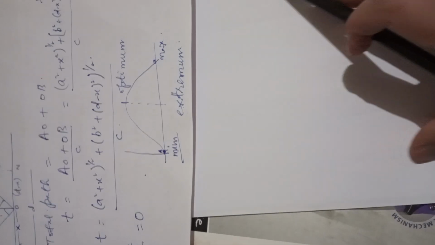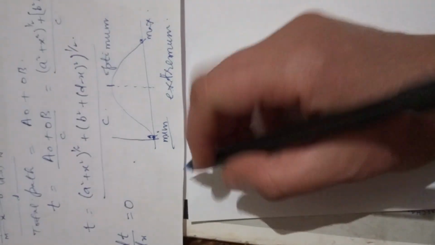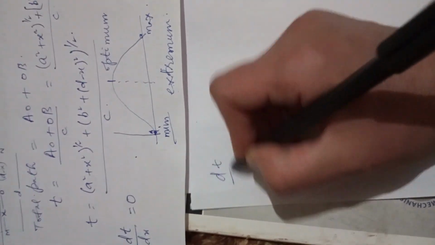Now, from here we move to the next part. So let us derive it. Let us differentiate this expression with respect to x. You can easily do it. What is dt by dx?